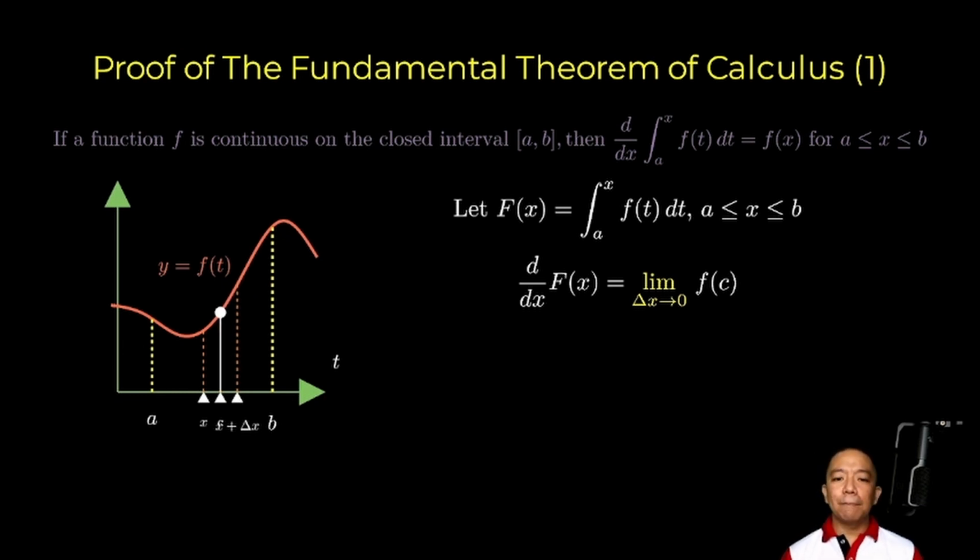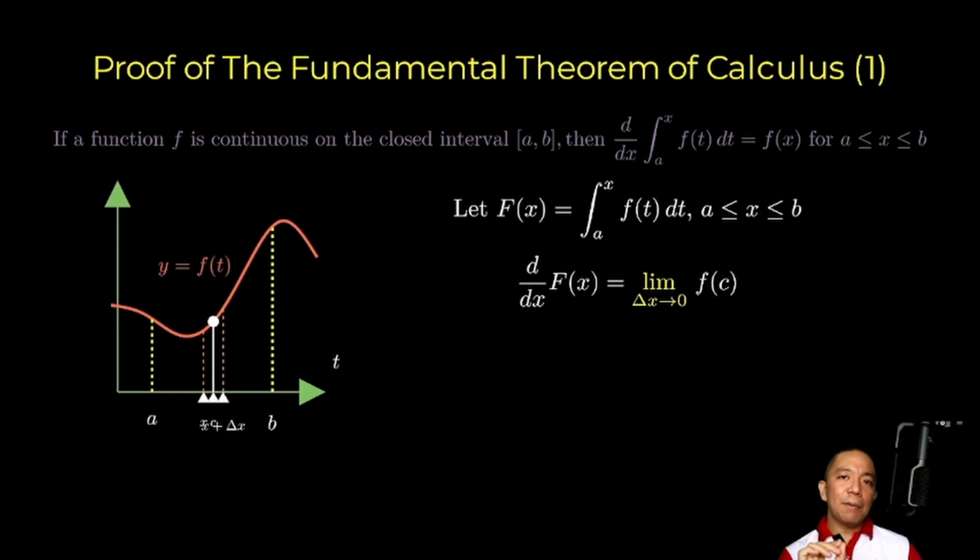Tingnan natin yung diagram. Si c, nandun siya sa gitna ni x tsaka x plus delta x. So, si f of c, nasa gitna siya ni f of x tsaka f of x plus delta x. But what happens when we evaluate the limit? When we let delta x approach 0? So, lalapit yung value ni x plus delta x papunta kay x kasi lumiliit yung delta x eh.